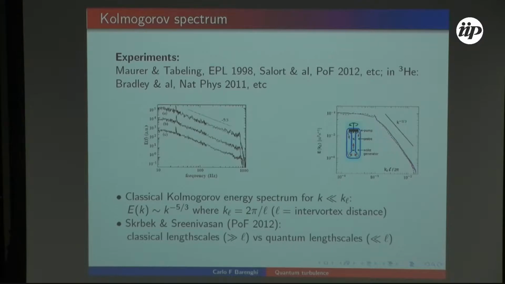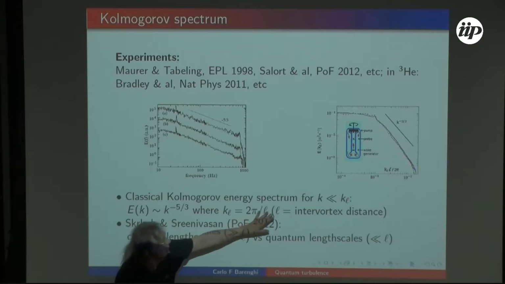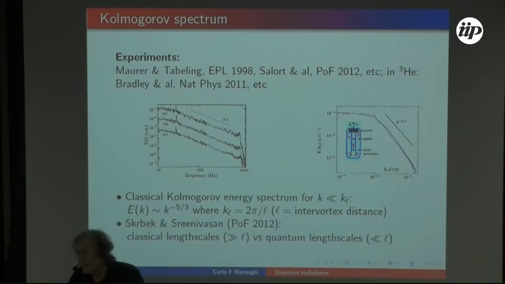Now I must stress that this regime extends from clearly some large length scales to small length scales, which in this case have to do with the vortex separation. That's the quantity which I denote with small l here, the average distance between vortices.